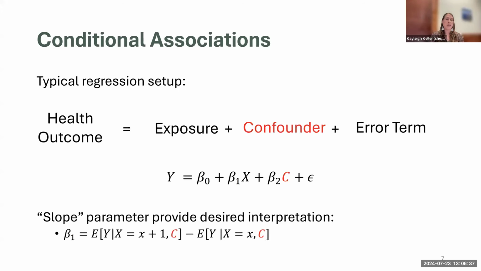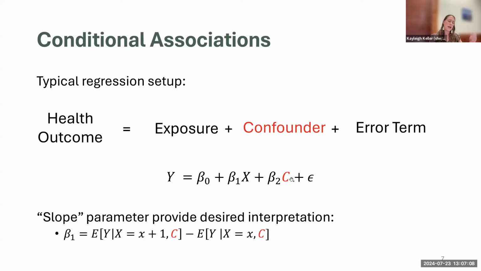If you prefer a more mathematical take, this is what happens when we fit regression models. If we're modeling a health outcome, which is usually on the left-hand side in these types of equations, we model it as a function of an exposure, a confounder, and an error term. By having this confounder on the right-hand side, in the math of the model, we end up with a beta, the coefficient of x, that is the difference in the average value of y for a 1 unit difference in x among observations with the same value of the confounder, the c.